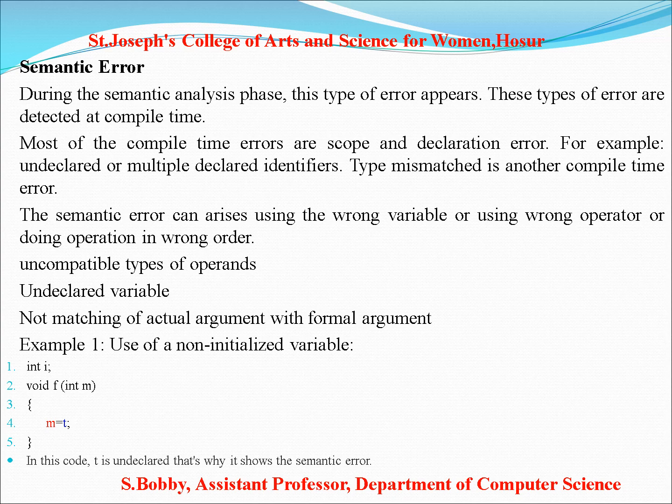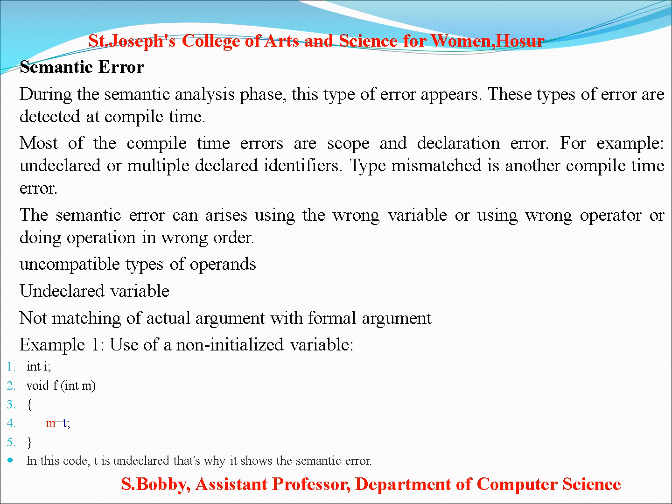The semantic error can arise from using the wrong variable, using the wrong operator, or doing operations in the wrong order. Some examples of errors: incompatible types of operands, undeclared variable, not matching of actual argument with formal argument.